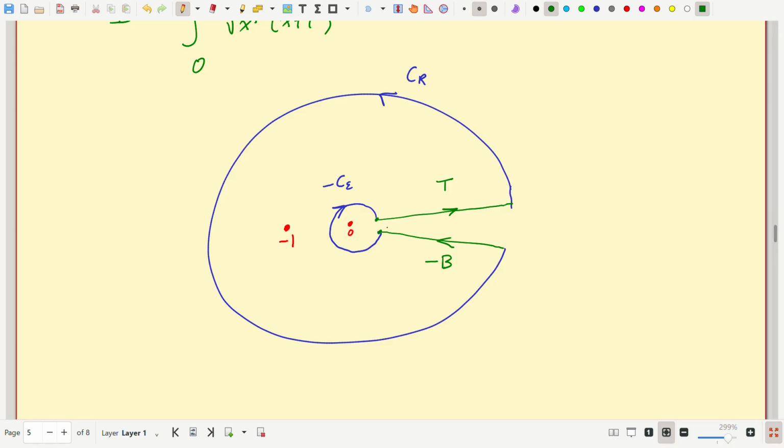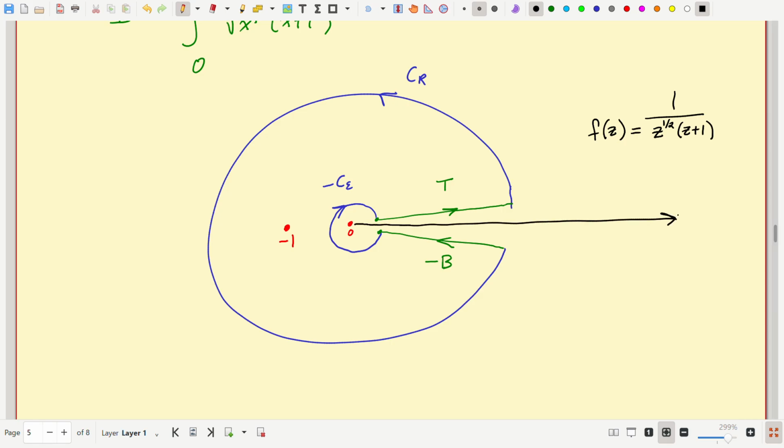Okay, and I've got to think about what my function is. My function is going to be f of z. It's going to be a complex analytic version of the square root function: z to the 1/2 times z plus 1. And I'm trying to integrate along the real line from 0 to infinity.